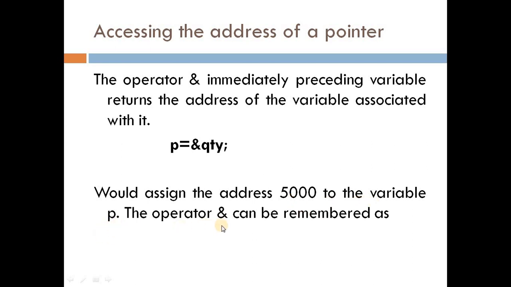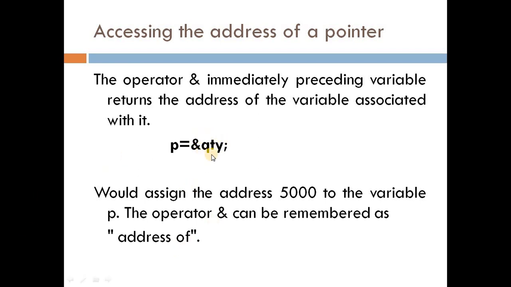The ampersand can be remembered as address of. So whenever we see this ampersand symbol, we read it as address of, or we say it is the address of operator also. The ampersand operator can be used only with a simple variable or an array element.